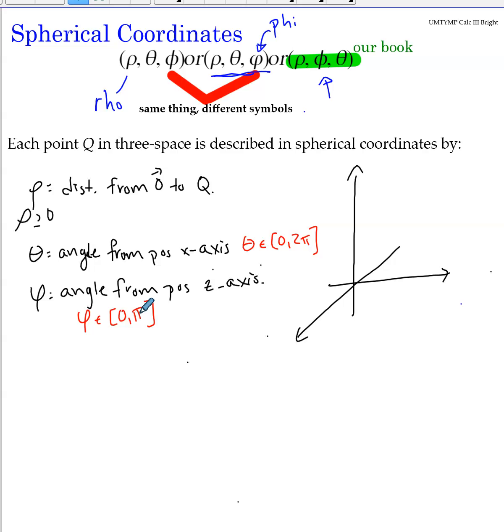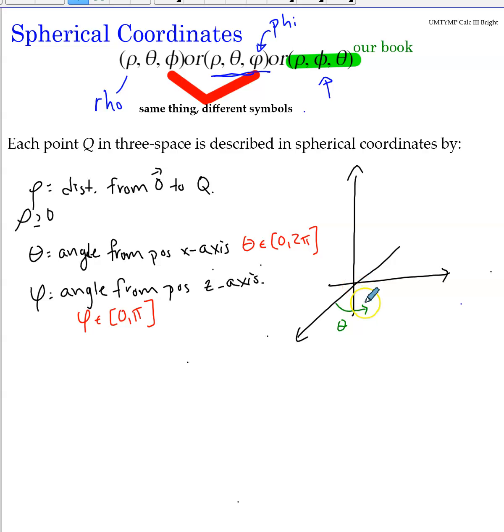So when we graph this thing, you can imagine that we're going to rotate by theta, and then we're going to go up or go out by phi. Actually, I lie.